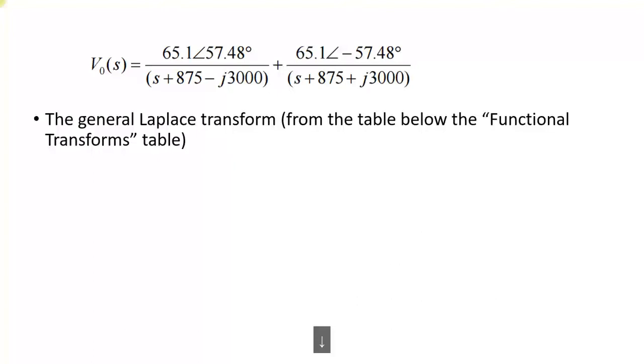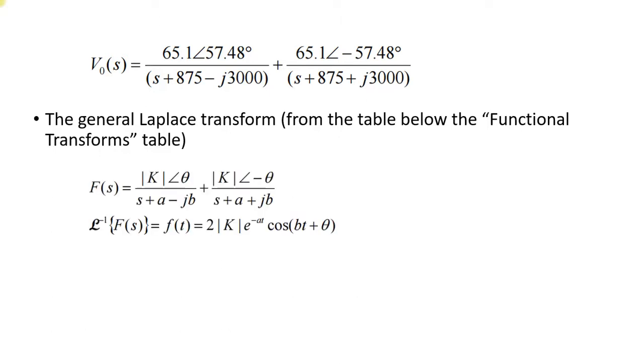Okay, now we have some general Laplace transform pairs. Whenever our function looks like this format, the inverse Laplace transform of this format leads to f of t equal to 2 into the value of k into e power minus at into cos of bt plus theta. This is the final expression.